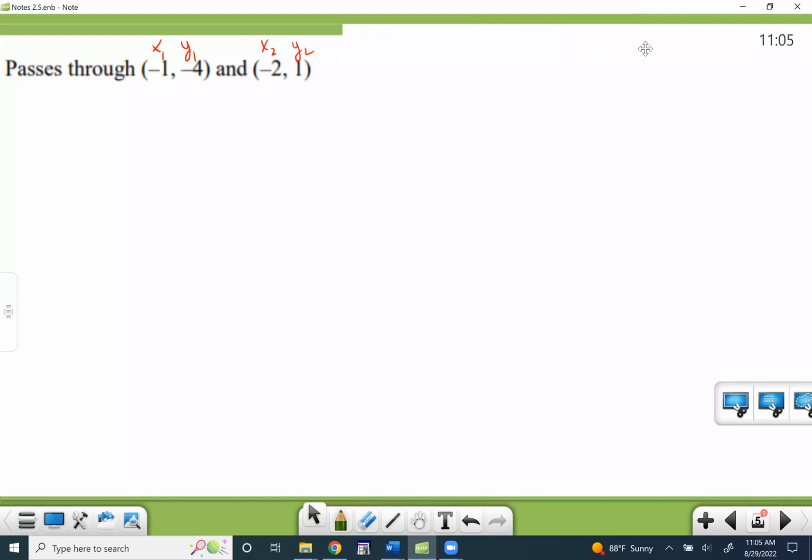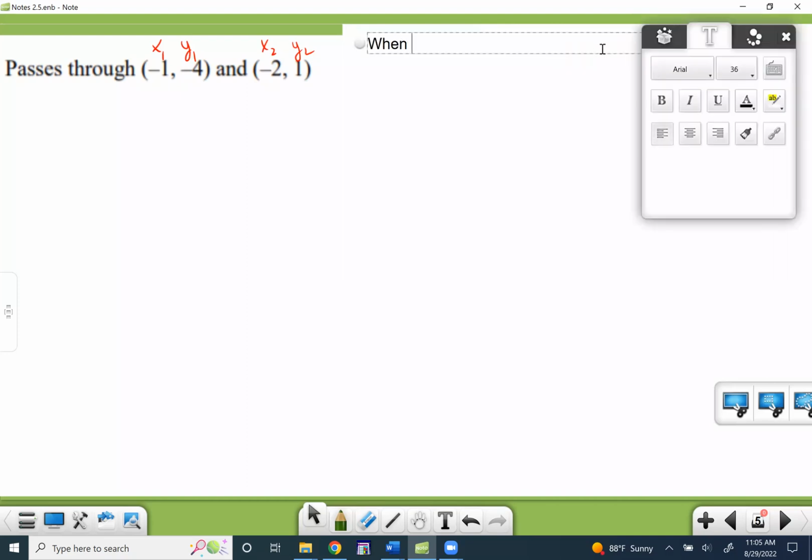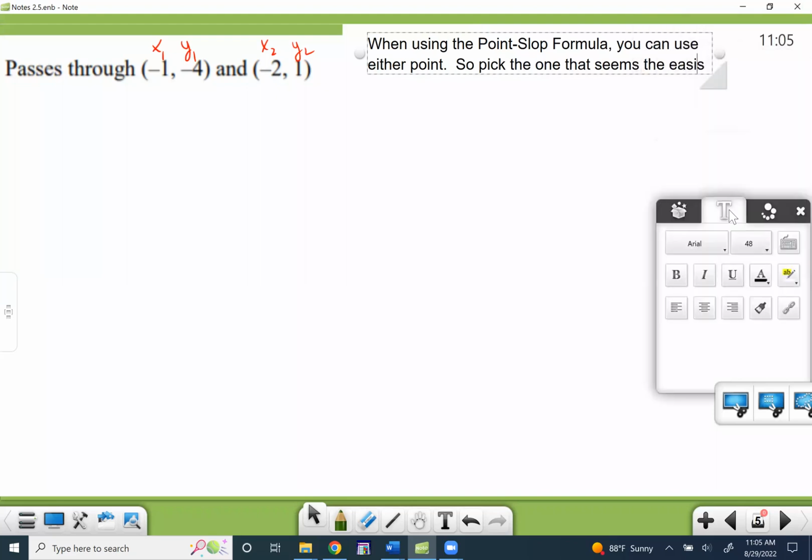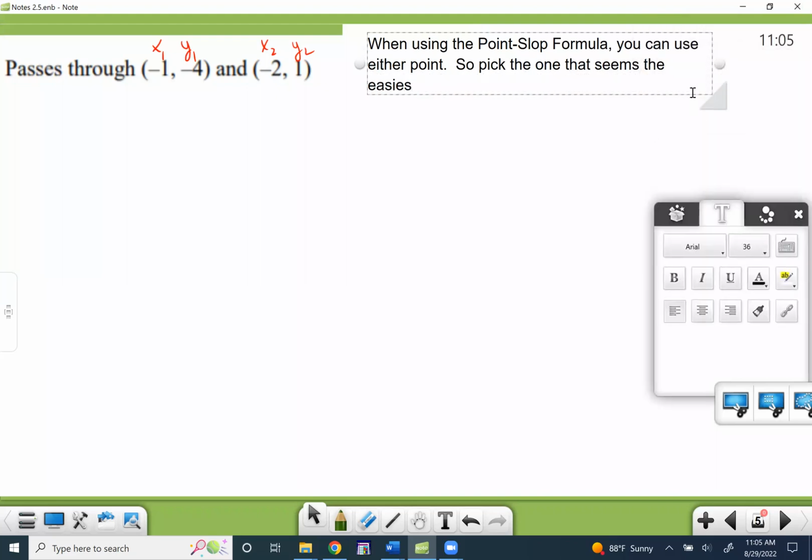What that means is use the easiest one, right? Okay, when using the point slope formula, you can use either point. So pick the one that seems best to use. I hate how it puts it right on top of it. Oops. It's the easiest.